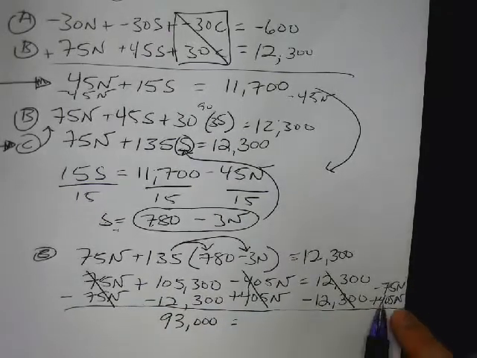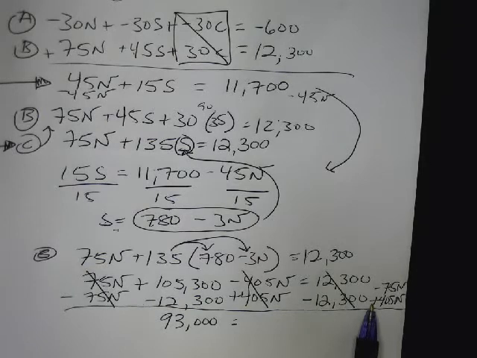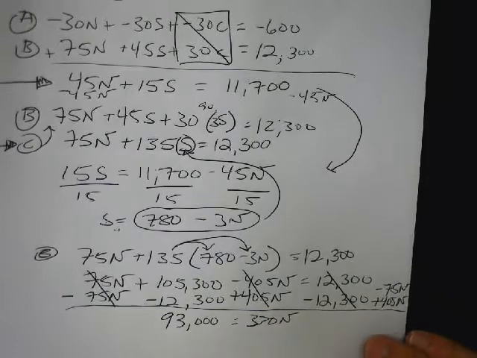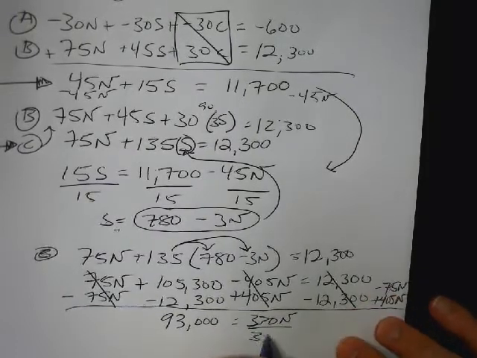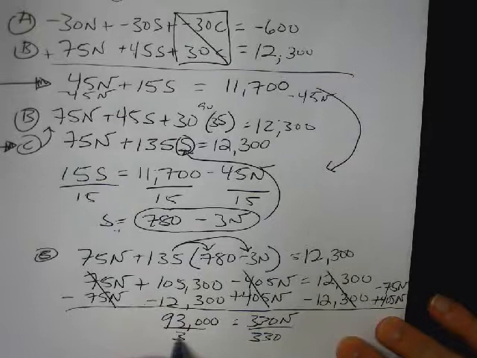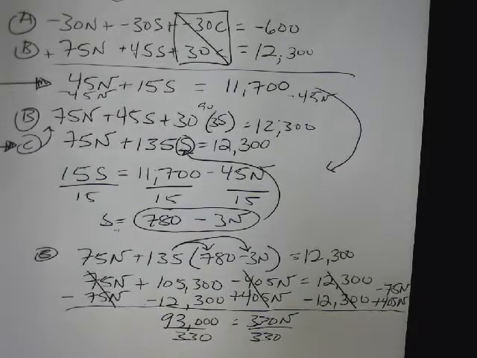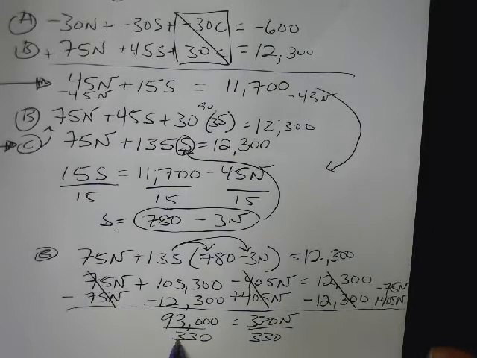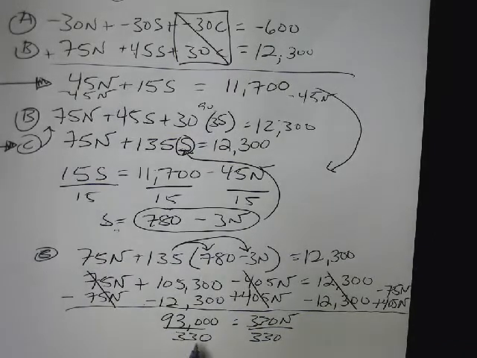And over here, I've got 405 minus 75, and that gives me 330. And now I can divide by 330. And that gives me my final answer.